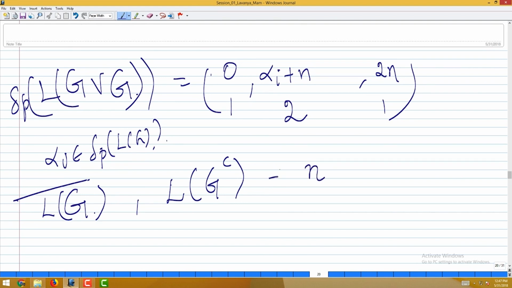So, minus J n plus n I minus L. What is this J n? The all ones matrix. Let us keep it this way: n I minus L minus J. Is that okay?